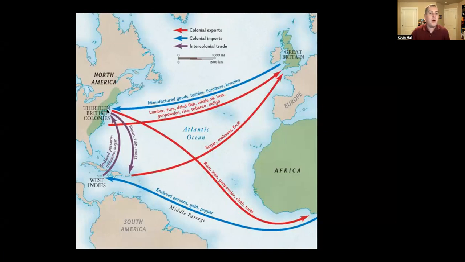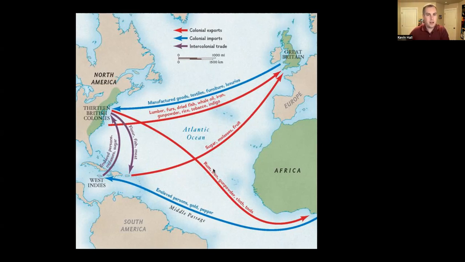And then from the colonies, we were sending things like flour and fish and meat down into the Caribbean, right? And then from the Caribbean, they were sending things like sugar and molasses and fruit back to Great Britain and the rest of Europe. So there's kind of like this little triangle of trade going on. In fact, this is called the triangle trade.